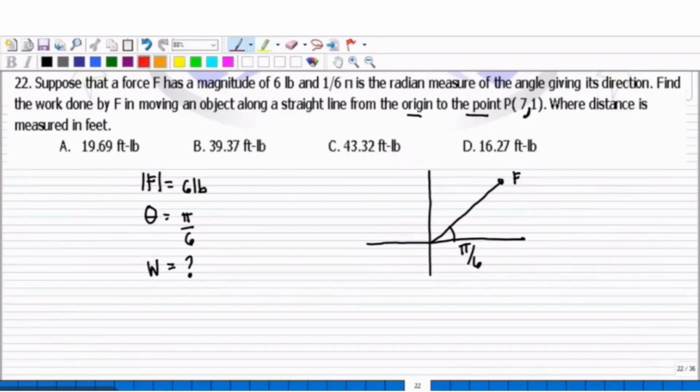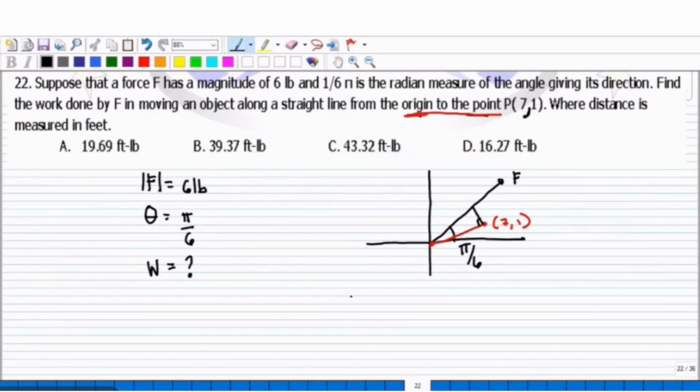So, take note po, that is coming from the origin papunta sa point. So, from the origin going to the point. So, hahanapin po natin yung ating work from the origin going to the point.